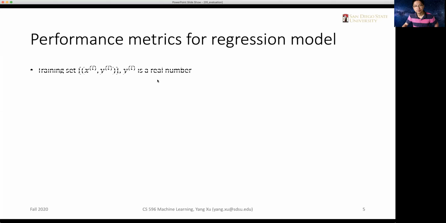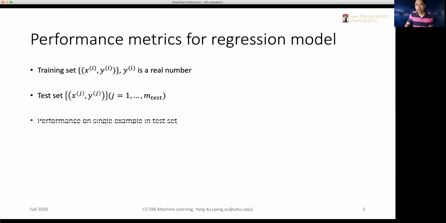So let's talk about the regression model performance. Actually, there's only one slide for this. In regression, we know that the label is a real number. It's a continuous number. And the testing set is also the same form, okay?